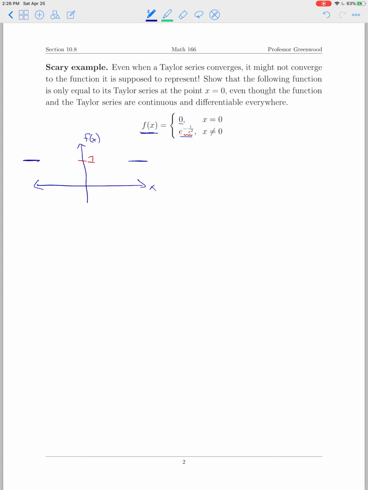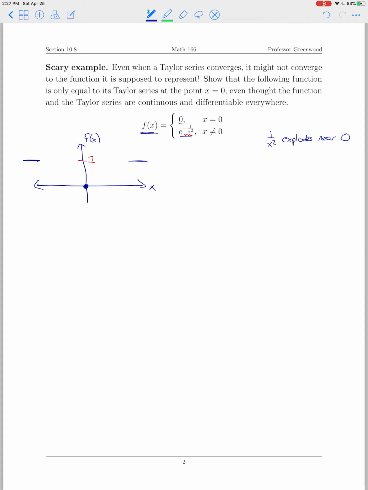Then I want to figure out what happens near 0. First of all, I know that the function is defined to be 0 at 0, but at this point I don't necessarily know that it actually approaches 0 nearby. But if I consider e to the minus 1 over x squared near x equal to 0, first of all, the 1 over x squared explodes near 0. In other words, I mean that it's very, very large.